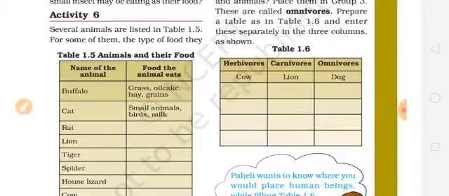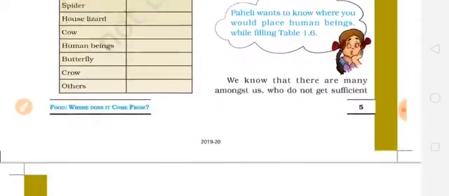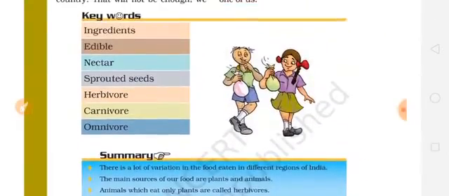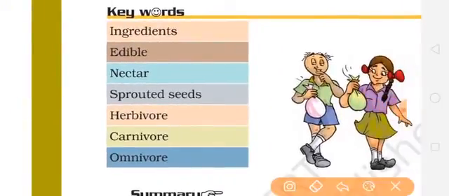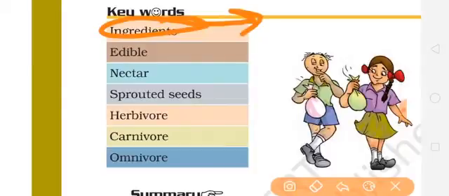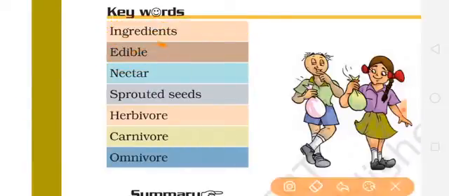Example, buffalo, cow, goat, etc. And carnivores eat only animal flesh, and omnivores eat both plant and plant products as well as meat items.